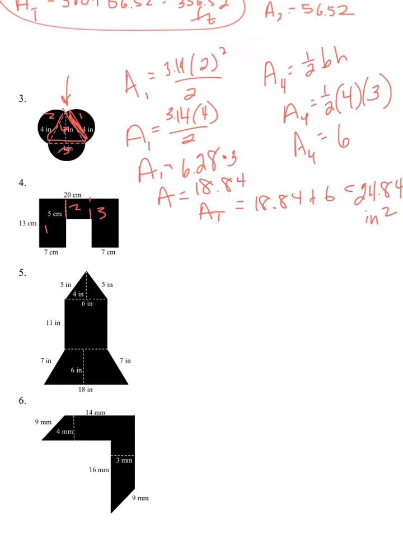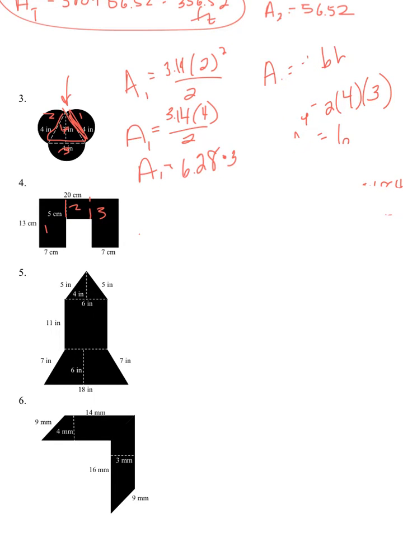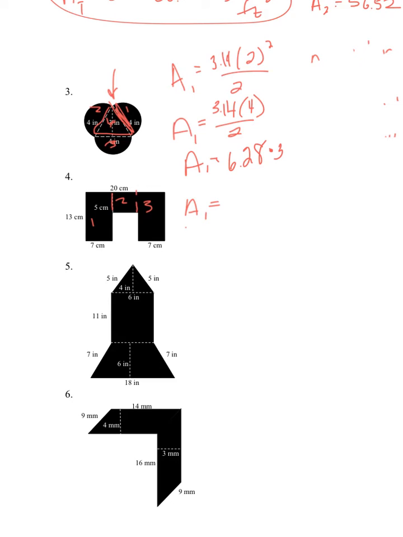They're all rectangles, so it's all length times width. So the area of piece 1 is 13 by 7.